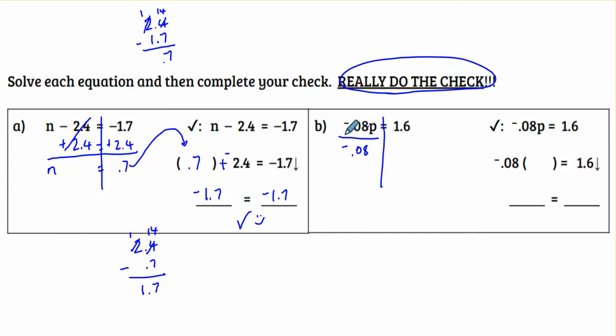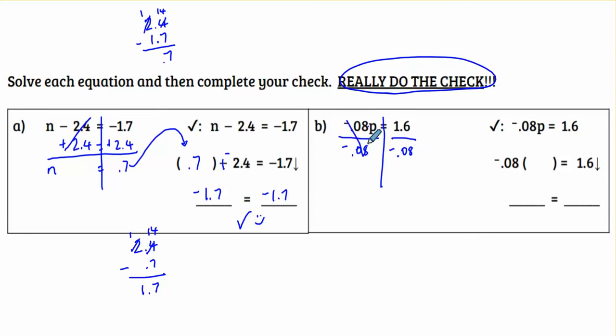Lots of you decided to divide by a positive, but that's not going to get rid of it, right? Because a negative divided by a positive is going to give you negative, and p is not by itself then. We need it to go away. So we divide both sides by negative 0.08.